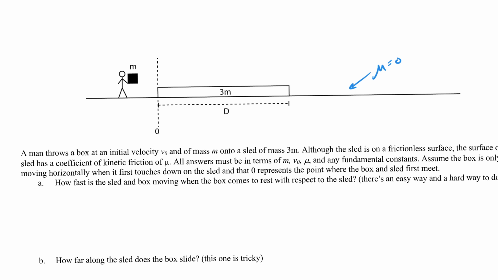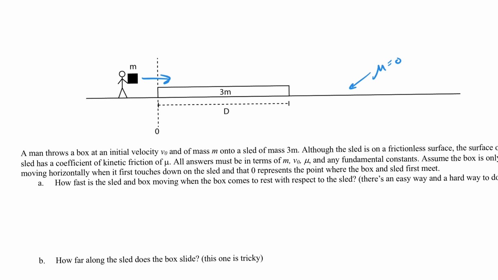Because of that, there's no external force on the system. There's forces on the box and there's forces on the sled, but there's no force on the system. So when I toss the box onto the sled, whatever momentum the box has will have to be the momentum of the box-sled system when the box comes to rest against the sled. Does that make sense to all of you?